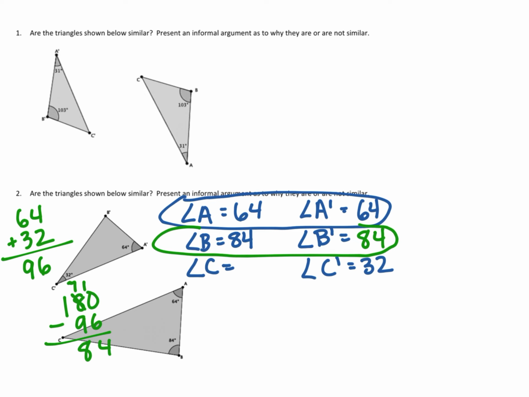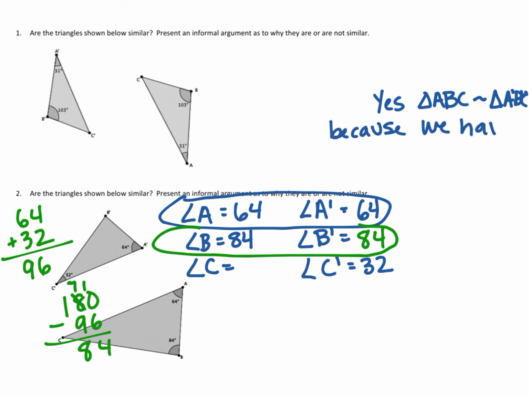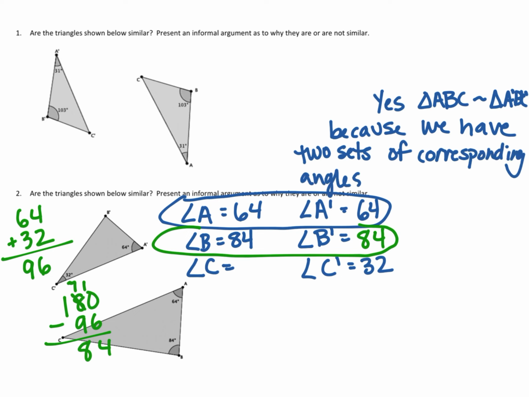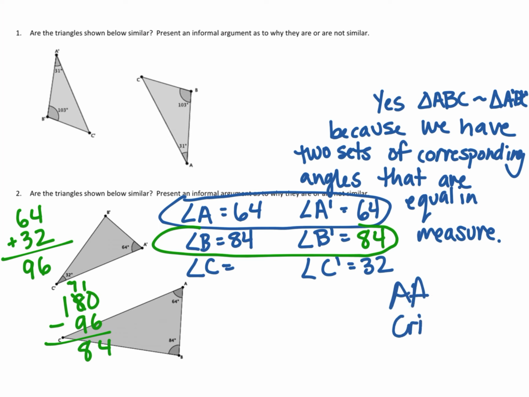So for number 2, yes, triangle ABC is similar to triangle A prime, B prime, C prime because we have two sets of corresponding angles that are equal in measure. Again, this is called AA criterion.